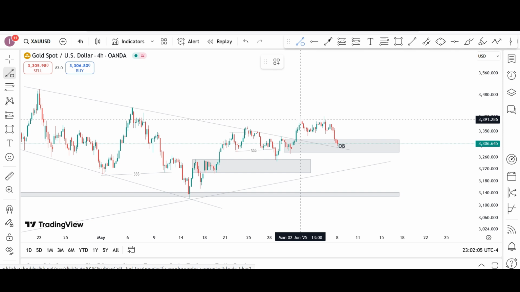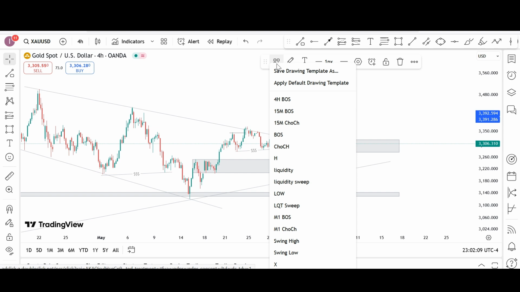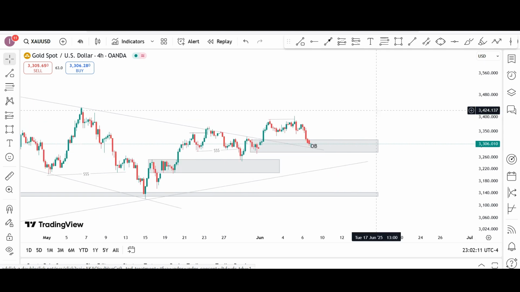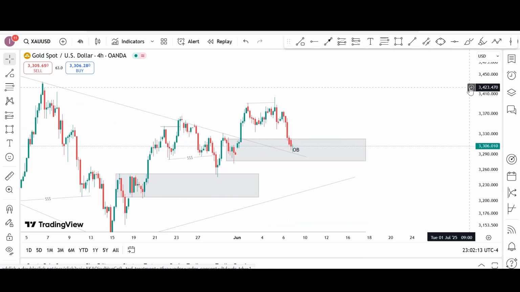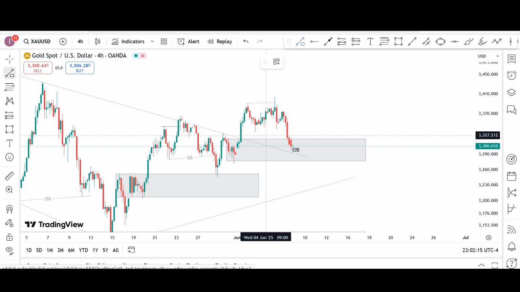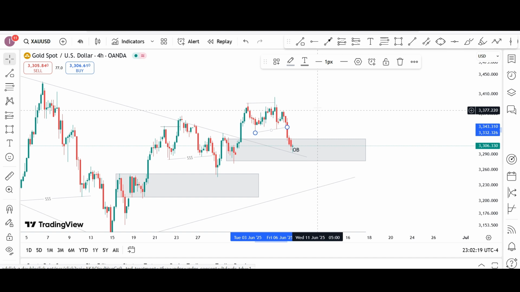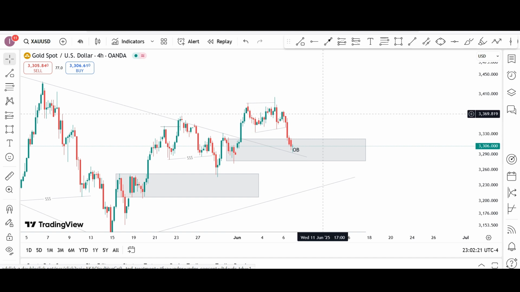Right here we have sell side liquidity taken out, and price took the buy side liquidity as well. Can you see that this thing is doing just the same thing?